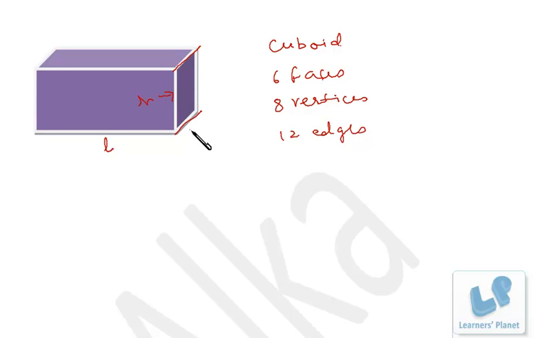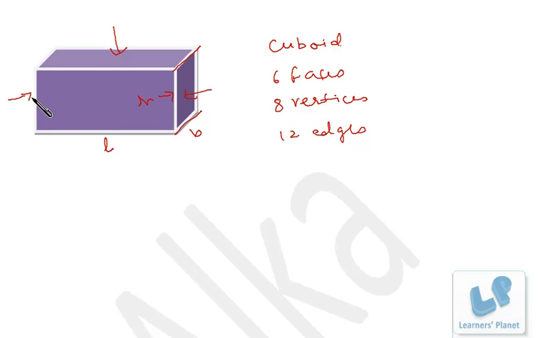The base is rectangular, a rectangle of a different size. This and the base both have the same size, length into breadth. The area of this face will be height into breadth. Similarly, the area of this face and this hidden face will be breadth into height.